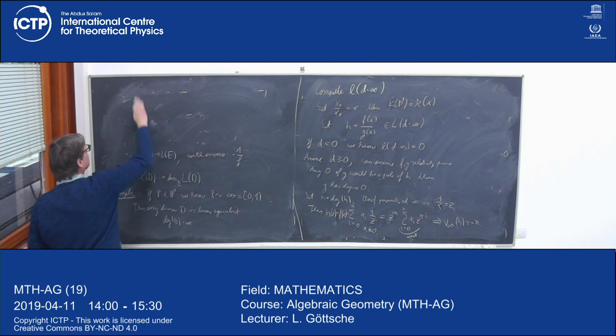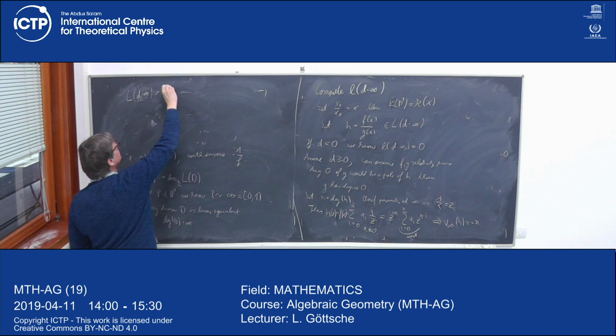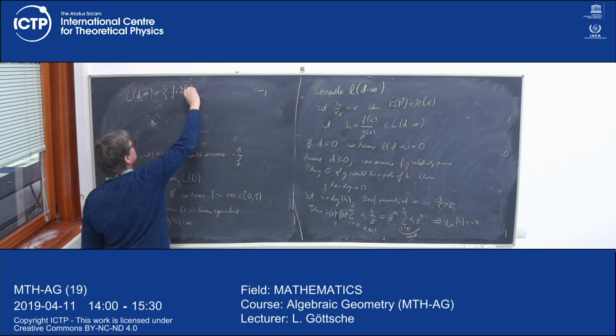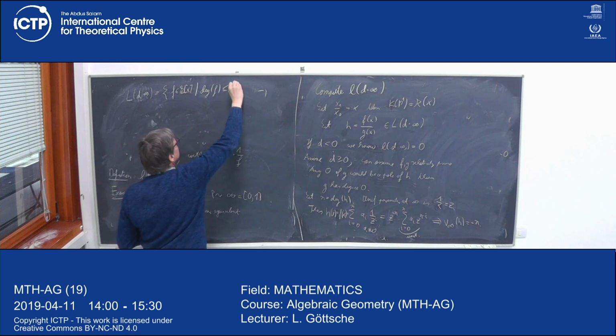Thus we find that L of d times infinity is equal to the set of all f in k[x] such that the degree of f is smaller than or equal to d.